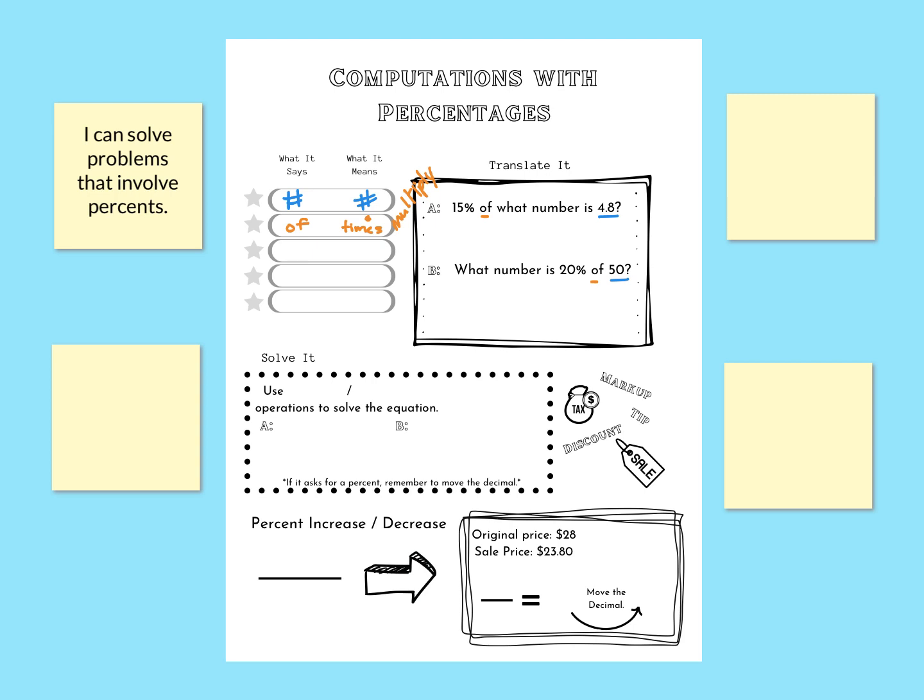Our next one is we see that it keeps saying what number, what number. Sometimes it might say what percent, and that is a little bit different also. So if we see what number, well, when we don't know a value, we use a variable, and we're going to typically use x.